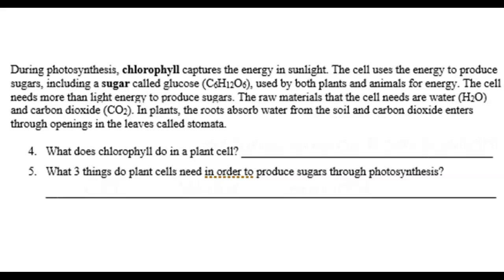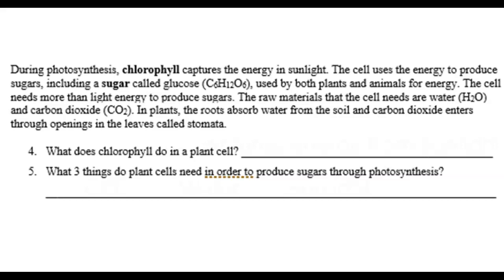Glucose is used both by plants and animals for their energy. The cell needs more than light to produce sugars. The raw materials a cell needs are water and carbon dioxide. In plants, the roots absorb water from the soil and carbon dioxide enters through openings in the leaves. Those are called stomata. Pause, answer the questions, and then come back.